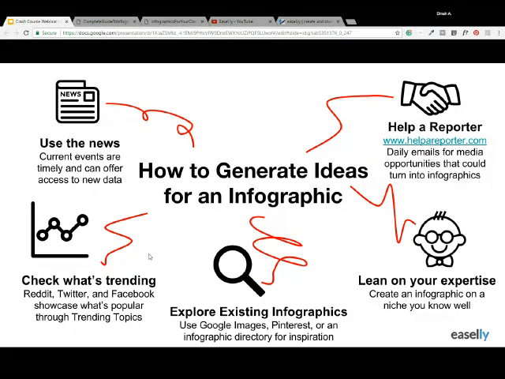what are they experts in? They really are experts in a lot of stuff, and they can create an infographic on something they know really well, whether it's something that they're gaming on, or if you're working with younger students, are they an expert in creating the best bowl of cereal, whatever that is.